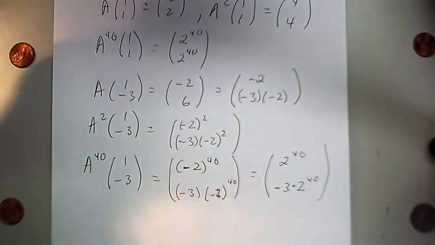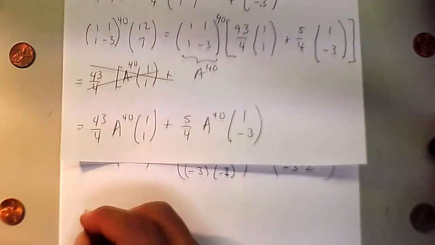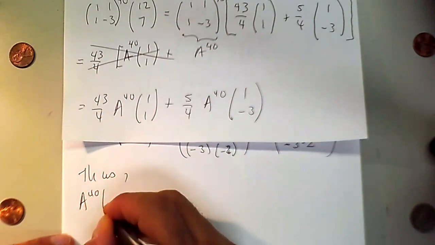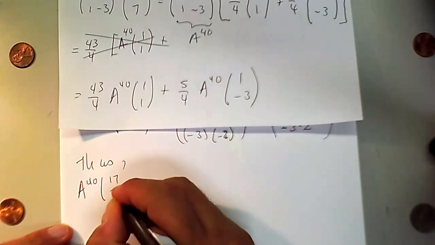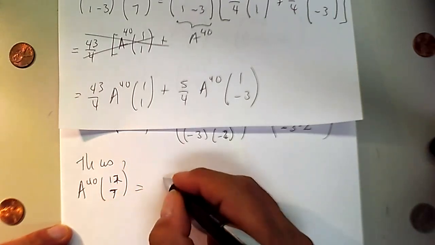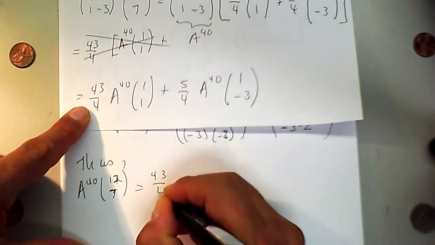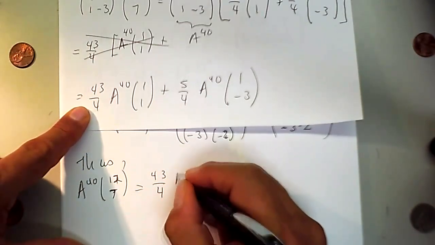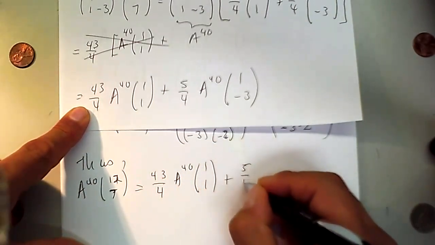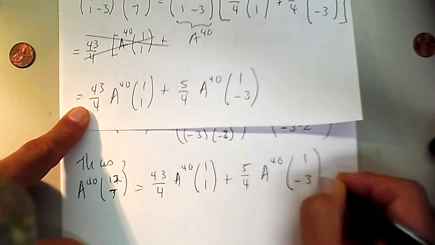All right, so now let's go back to this. A to the 40 applied to 12/7 is, I'm going to copy this again, 43/4 A to the 40 applied to 1/1 plus 5/4 A to the 40 applied to 1, negative 3.